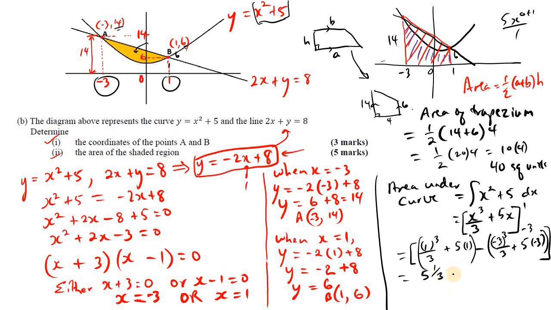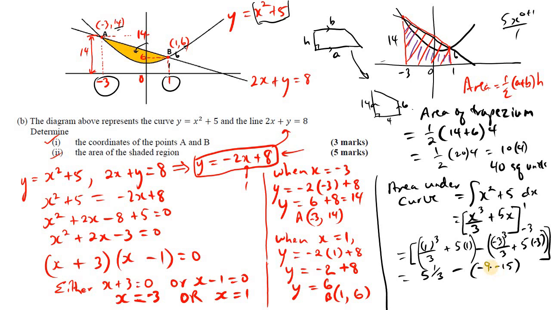Minus, now 5 1/3 can be written as 3 fives are 15 and 1, so 16 over 3, if you want to. Let's see what answer we'll get here. The cube of negative 3, that's negative 3 times negative 3 times negative 3, that's negative 27. And negative 27 divided by 3, that's negative 9. And 5 times negative 3, that's negative 15.